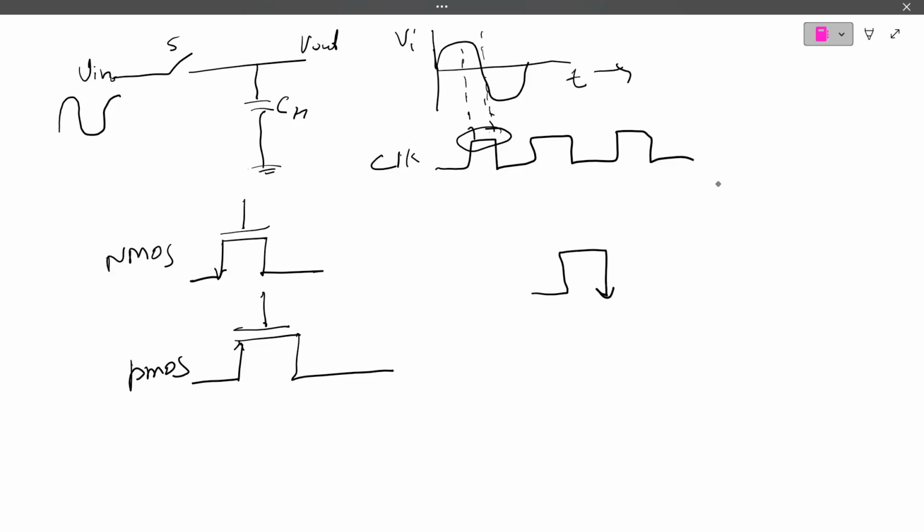So which circuit is suitable for the switches? This is the transmission gate.